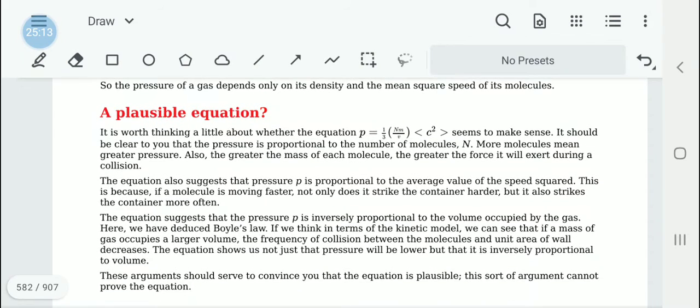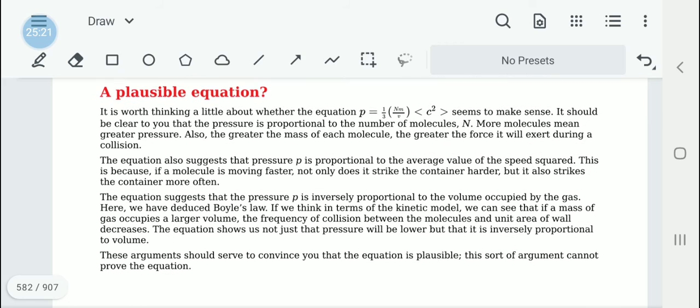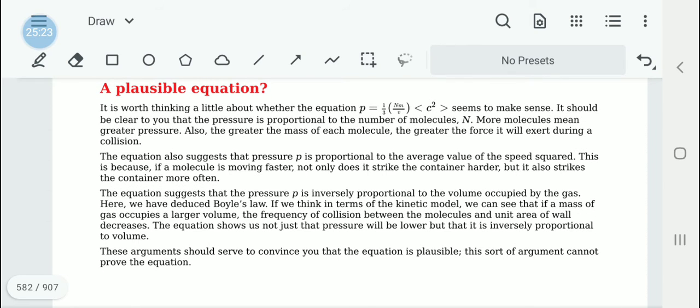Then the equation gives us that P is proportional to the average value of the speed squared, right? What that means is, if a molecule is moving faster, it will not only collide with a higher force, but also collide more often than something that is moving slower.